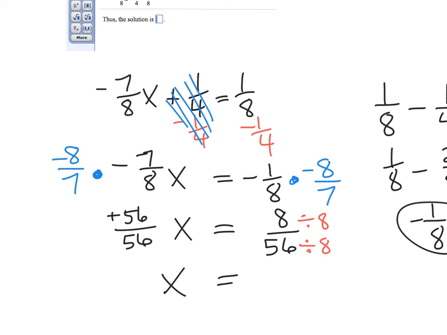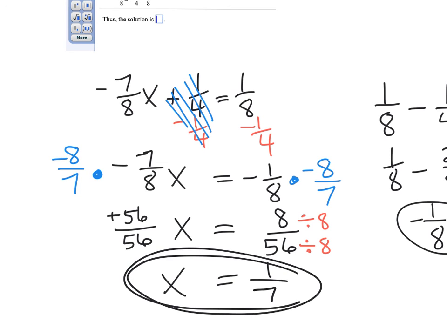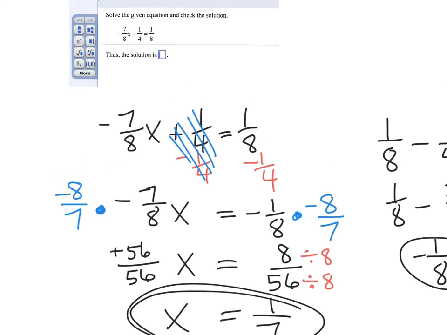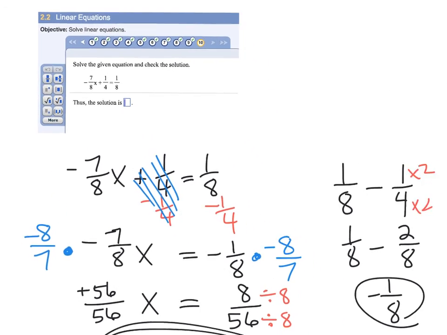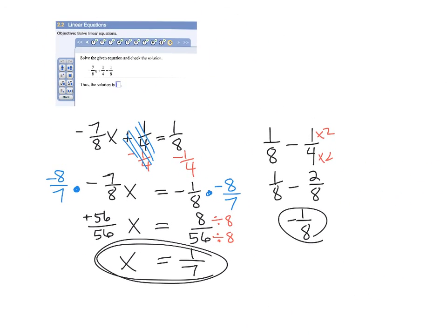So 8 divided by 8 is 1, and 56 divided by 8 is 7. So our answer is 1/7. So x equals 1/7, and that is what we would put in our answer. Right here, 1/7.